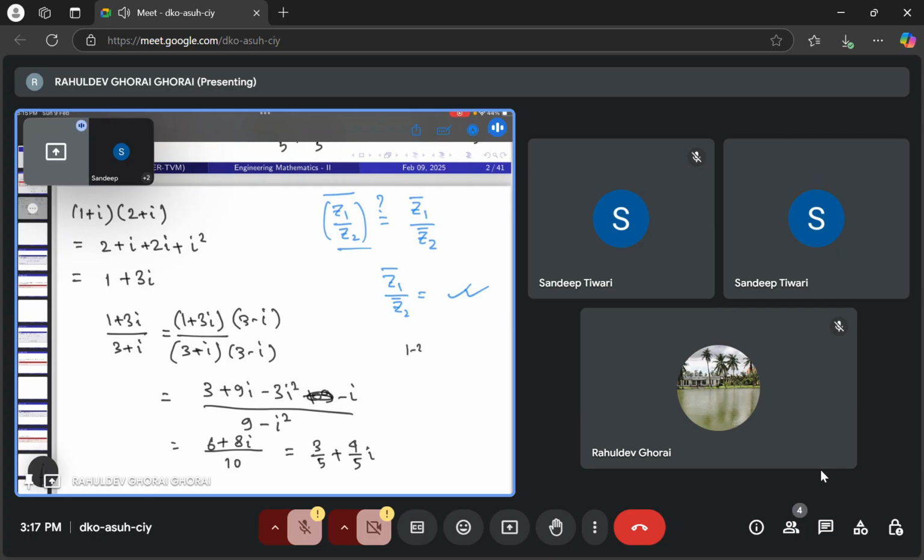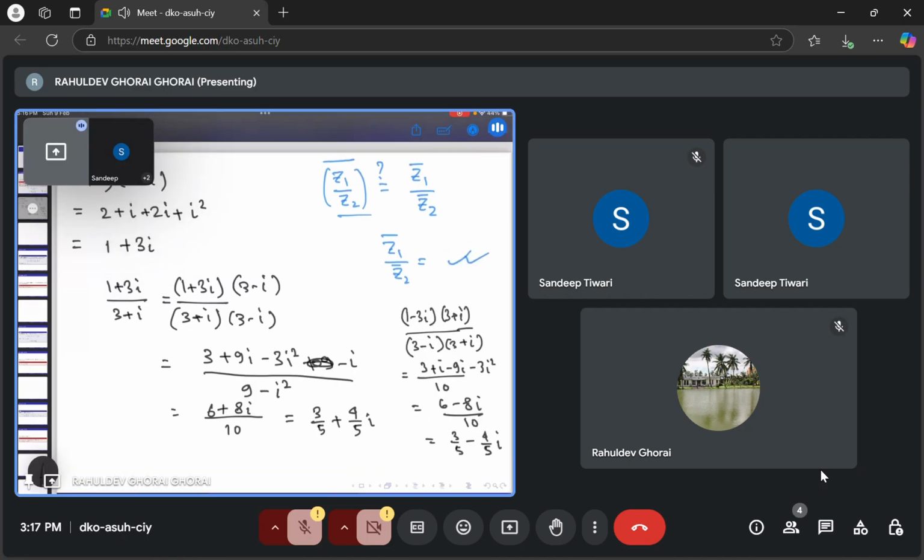So 1 minus 3i times 3 plus i over 10, and then 3 plus i minus 9i minus 3i square, so 6 minus 8i over 10. Oh, it eventually comes out to be same. So maybe one can prove that these conjugates are same. Whatever way you get, that will be the same answer, right?